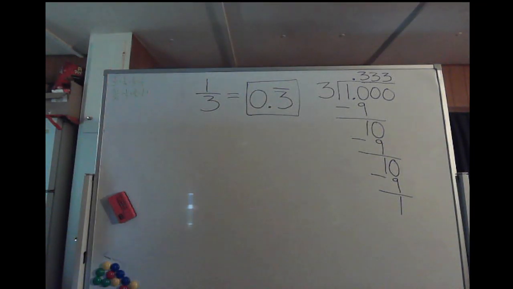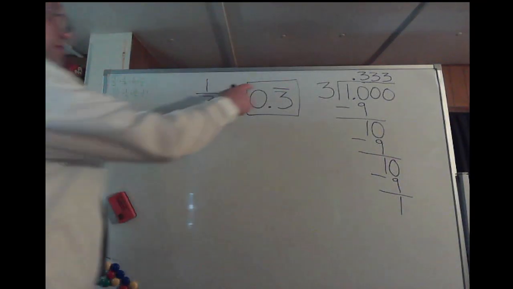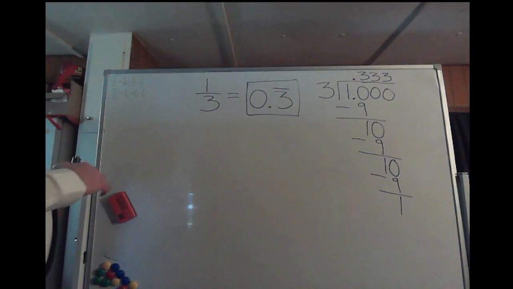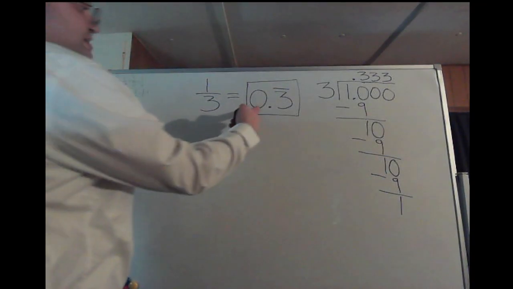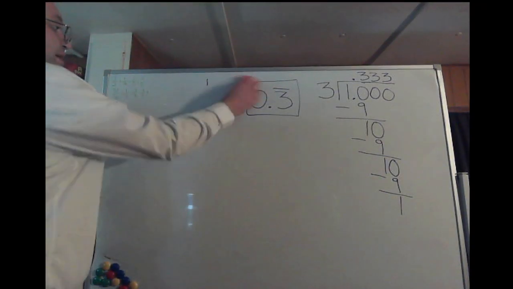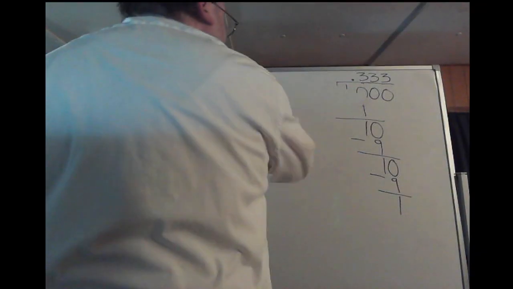If it was terminating, it would be something like 1/2, which is 0.5, or 0.75. That would be an example of a terminating number. But this is a non-terminating repeating number. So 1/3 is equal to 0.3 repeating. But I got 2 more.